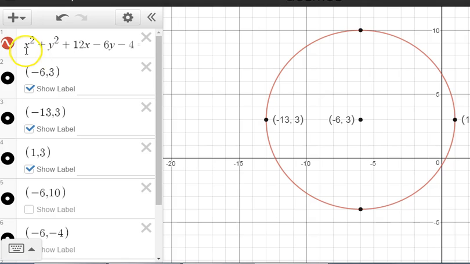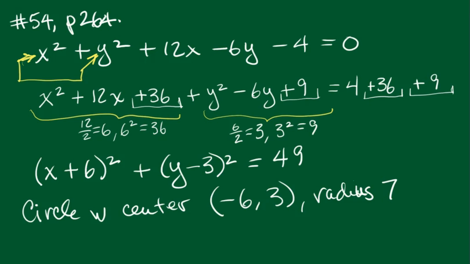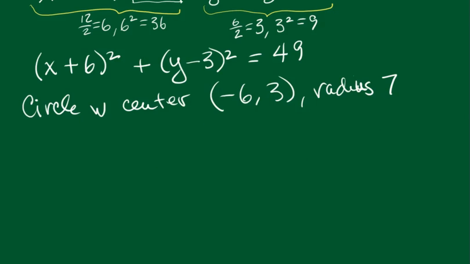And here's a picture of this equation in Desmos. And so we can see when I have added and subtracted 7 to the x-coordinates and the y-coordinates that the specified points are on the circle. Okay, let's do one more and then call it a day.